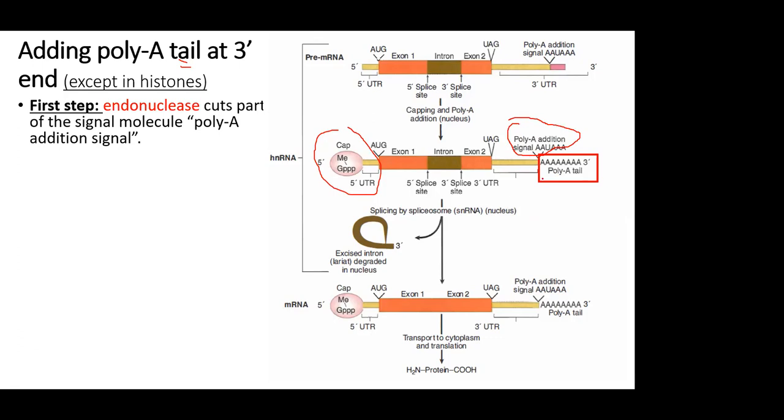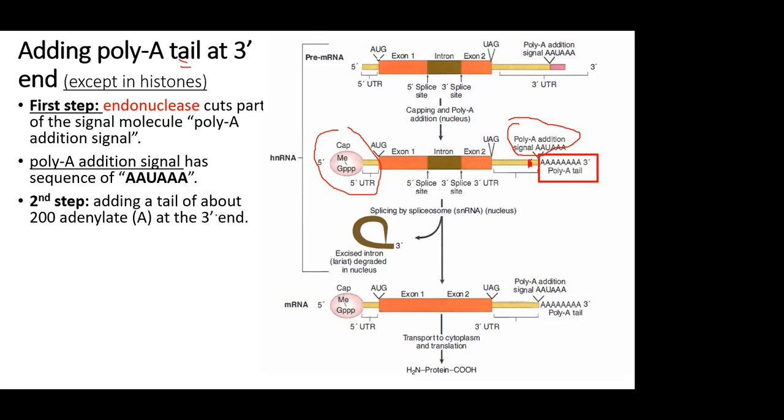This signal tells the polymerase where exactly to add the poly-A tail. The first step is an endonuclease, an enzyme, that comes to this poly-A addition signal and cuts part of it. After that, we will add the second step: we will add the tail.